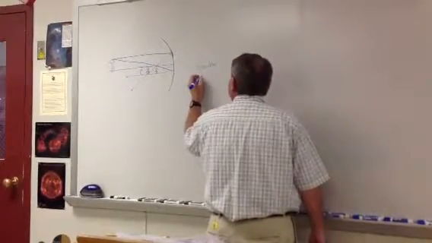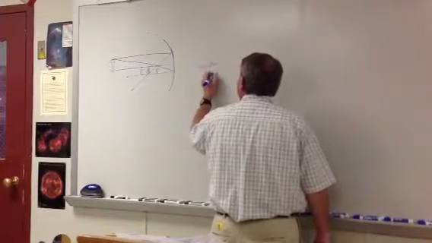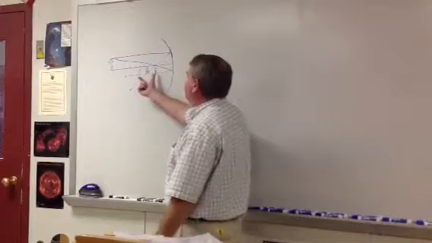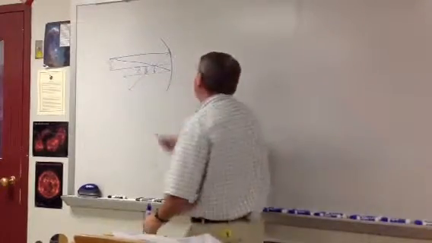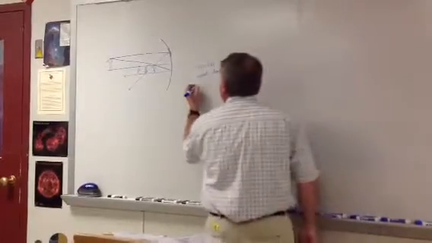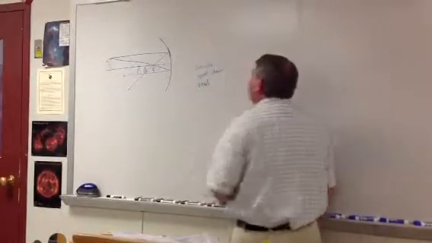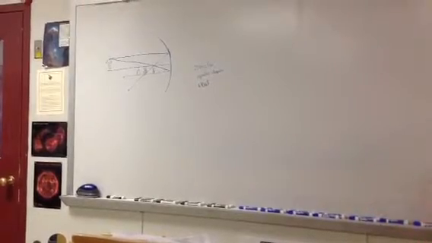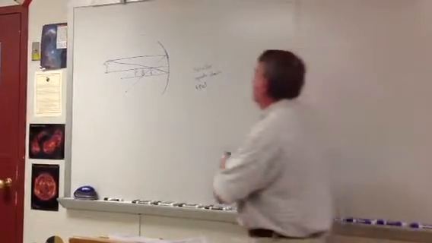It's going to be upside down. It's going to be located in between the center and the focal point, and it's going to be a real image. Okay? It's going to be a real image because it doesn't appear to be inside of the mirror like we talked about with the flat mirror.